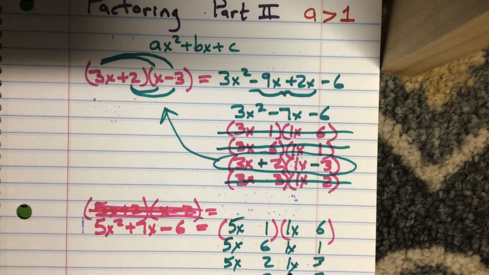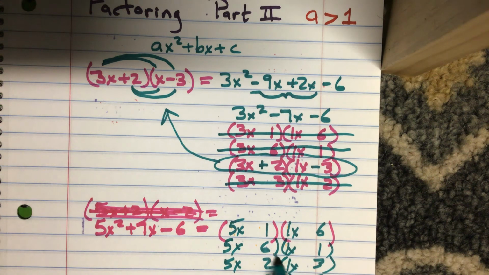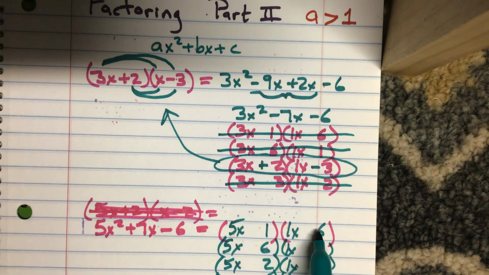You can do this if you want, list them all. So 5 times 6 is 30, and 1 times 1 is 1. That's not going to get me a 7. 5 times 1 is 5, 6 times 1 is 6, 5 and 6 is 11, that's too much. 5 times 3 is 15, 2 times 1 is 2, 15 and 2 will not get me 7.